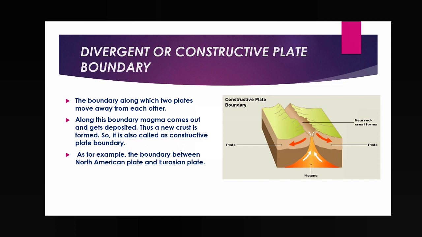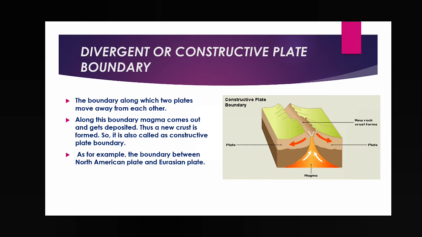So what is the divergent or constructive plate boundary? Already we have discussed divergent plate movement, that means where two plates are moving away from each other. So along this boundary two plates are moving away from each other. Clear?